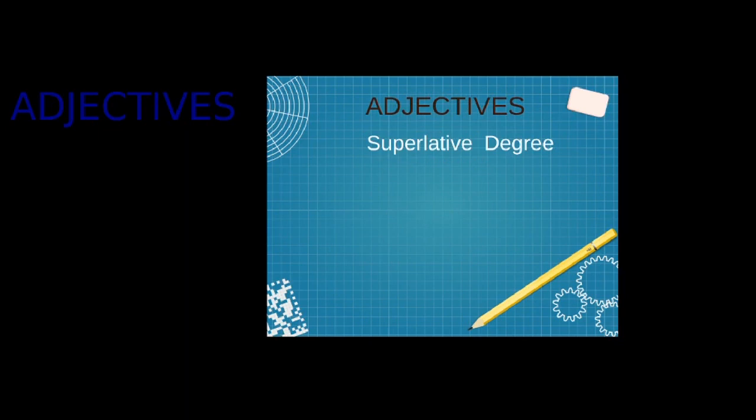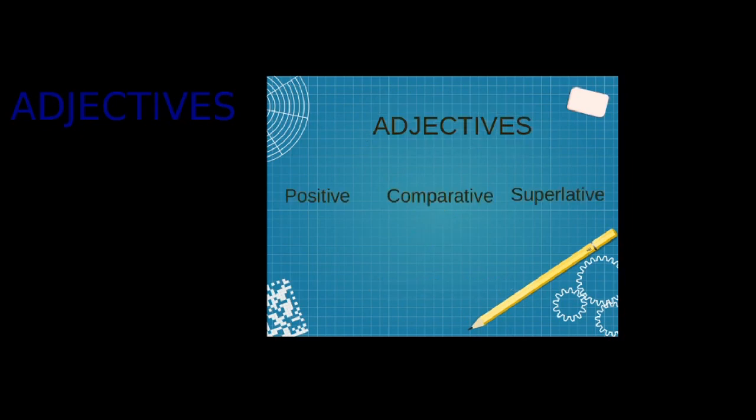But we make superlative by adding est to the positive degree. So let's have a look at some examples. Tall in positive degree, taller by adding er, and tallest is the superlative. Fast, faster, fastest. So this is how most of the adjectives make their comparative and superlative.